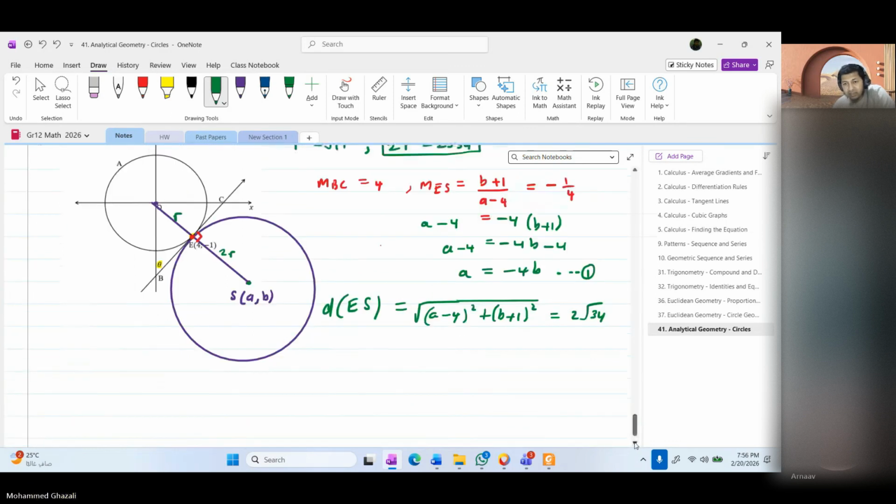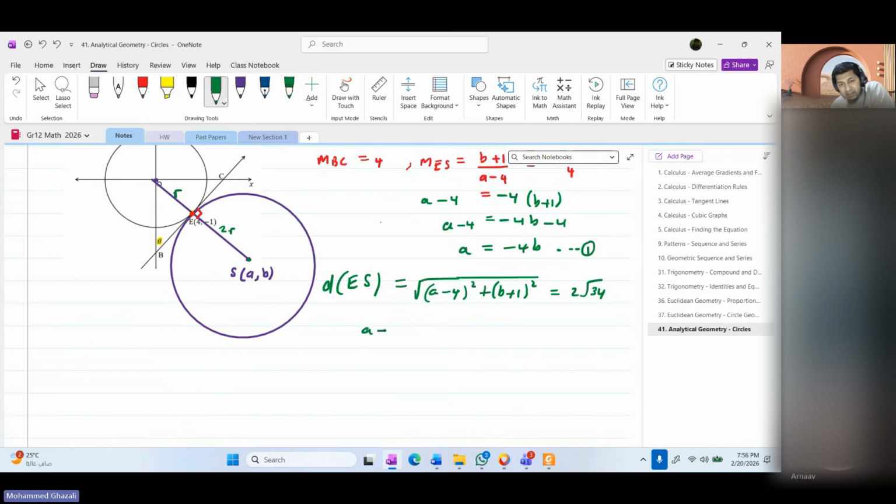Okay. So this is a minus 4 all squared. I'm just squaring both sides. A minus 4 all squared plus b plus 1 all squared is equal to, what's 2 root 34 all squared? So 2 squared is 4, times 34. Now, can someone just tell me what's 4 times 34 on the calculator?